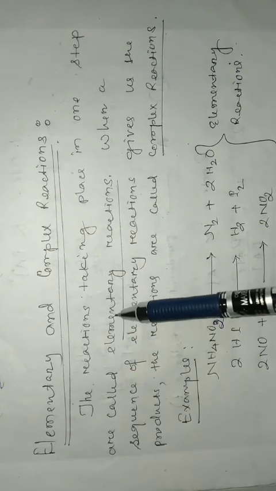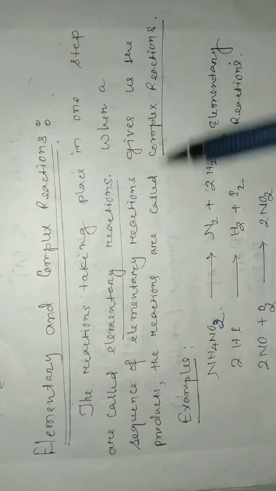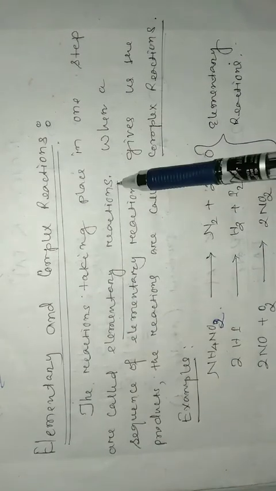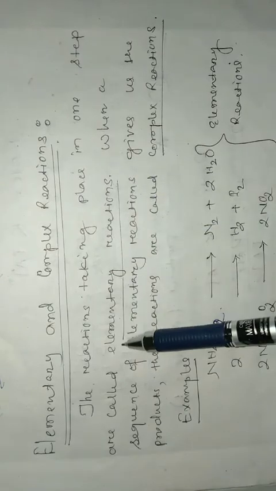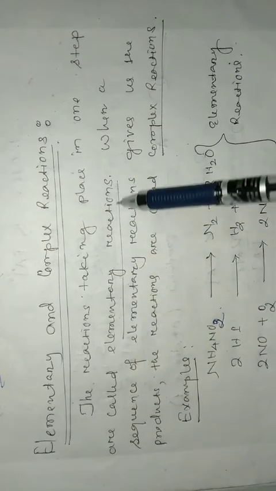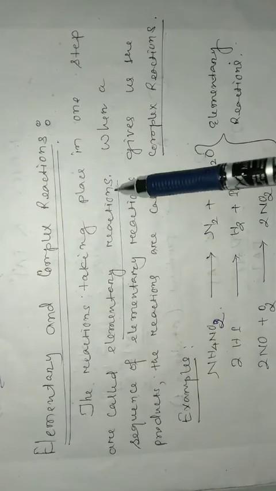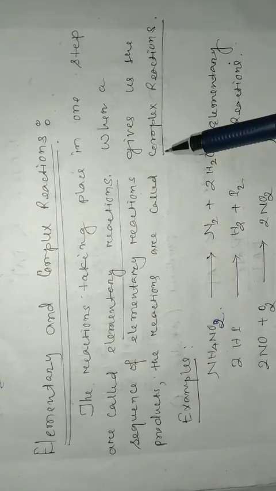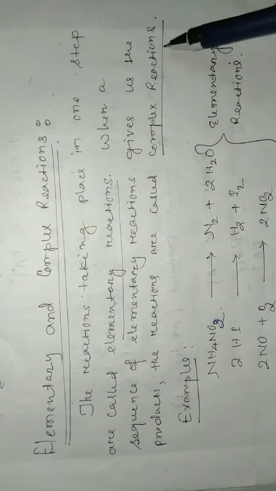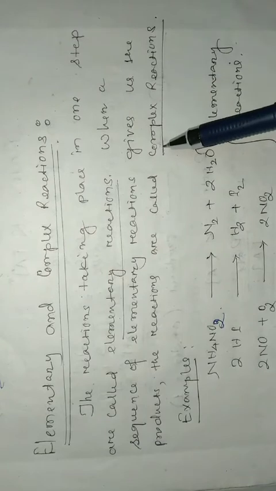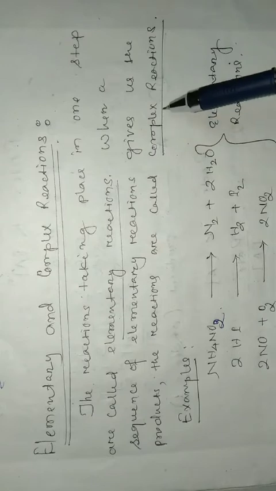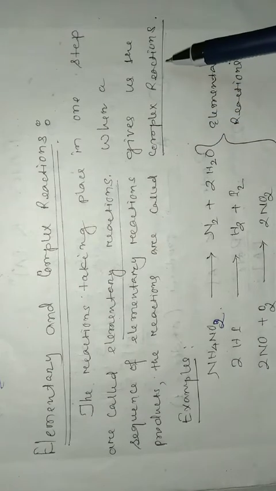So what is the difference between elementary and complex reactions? Very simple. Elementary reactions are completed in a single step. In an elementary reaction, reactant is converted to product in a single step. But in a complex reaction, reactants are converted into product in a sequence of steps. In a complex reaction, an intermediate is produced between the reactant and product.